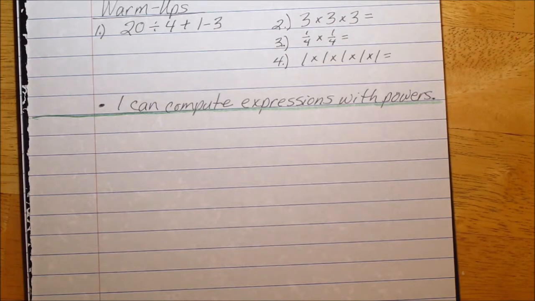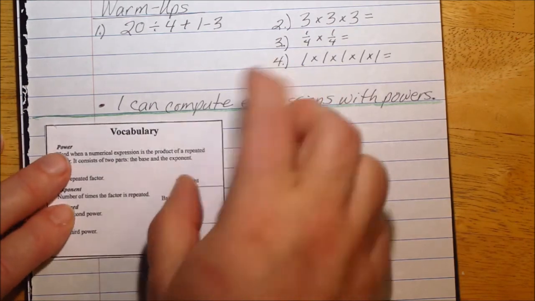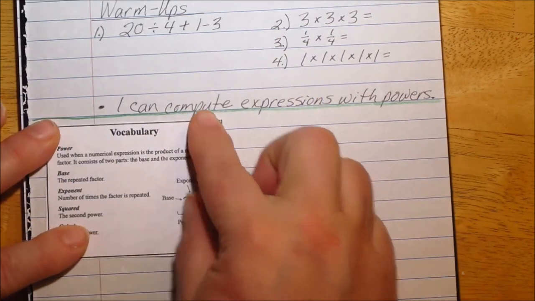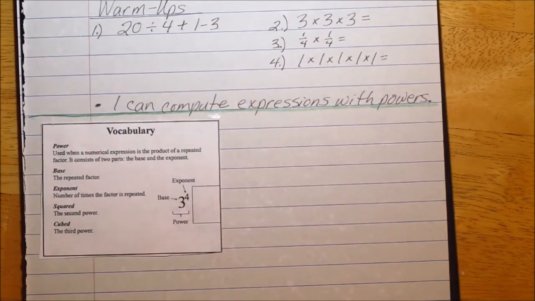All right, so here's the first one that has the vocab we will be learning. Vocab about power, base, exponents, what it means when a number is squared, what it means when a number is cubed. If you've been working in the last block of decimals and fractions, you already are familiar with squared and cubed.